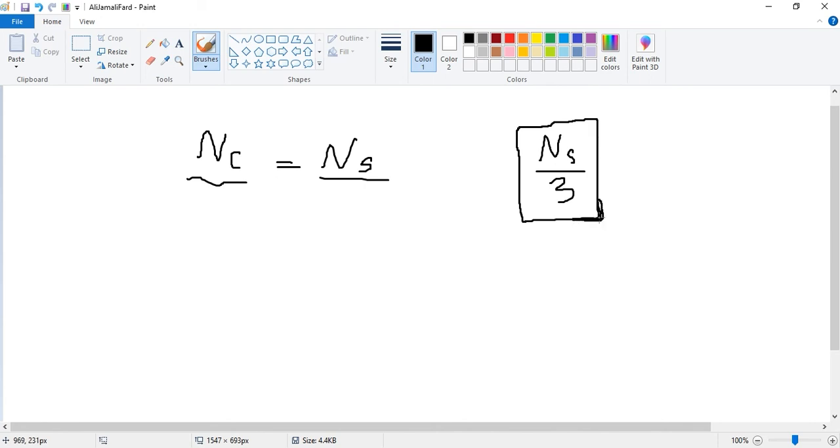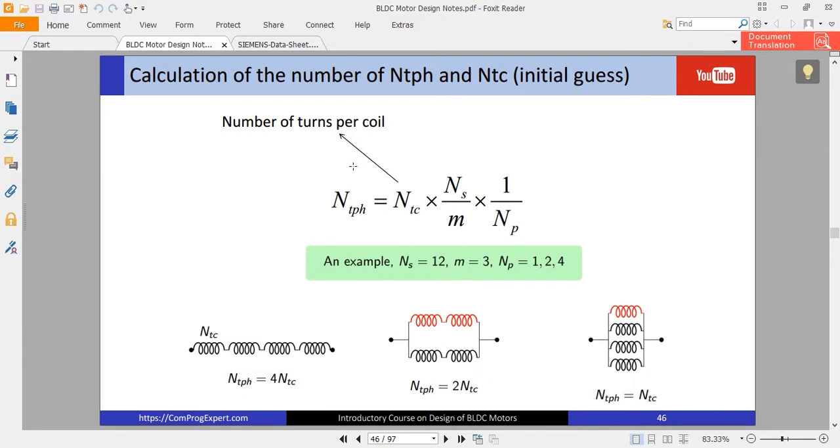So we can do different connections. In this case, for example, consider NS equal to 12 and M equal to 3. M is number of phases and NS is number of stator slots. So in each phase, we have 4 coils.